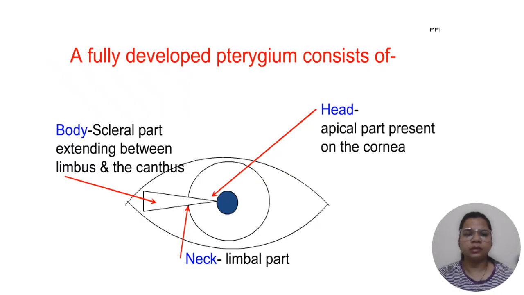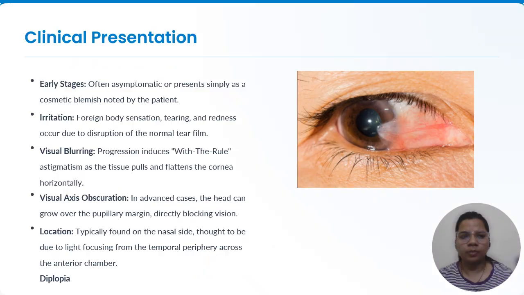So next is the diagram which shows the various parts which we have seen in the previous slide: the head, the neck, and the body. The head is basically the apical portion present on the cornea. The neck is the limbal part, and next is the body. The body is the part present between the limbus and the canthal region.